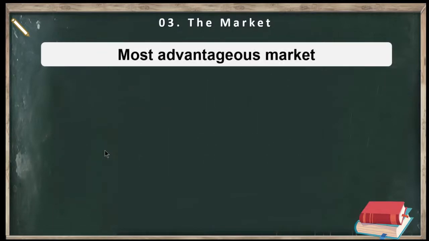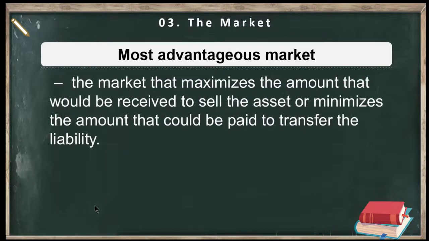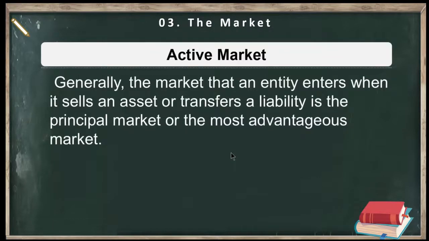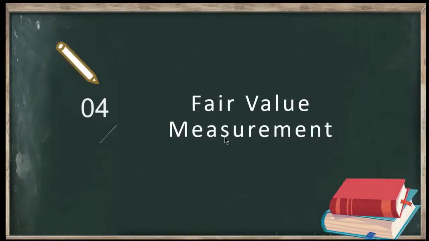And what is this most advantageous market? This is the market that maximizes the amount that would be received to sell the asset or minimizes the amount that could be paid to transfer the liability. Generally, the market that an entity enters when it sells an asset or transfers a liability is the principal market or the most advantageous market.